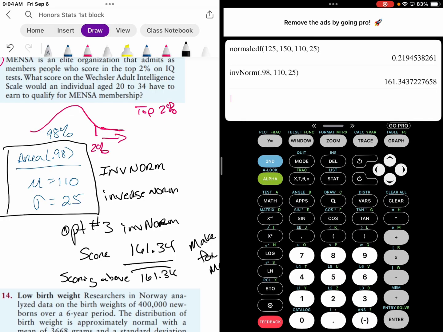I'll make sure to try to have the Z-score method as well. For the AP exam, they'll take both, and they have both answers listed that way, so it'll take either one. If it was a multiple choice question, you'd pick the one that's closest. But if it was a fill in the blank, I'll try to have it set up to do both.